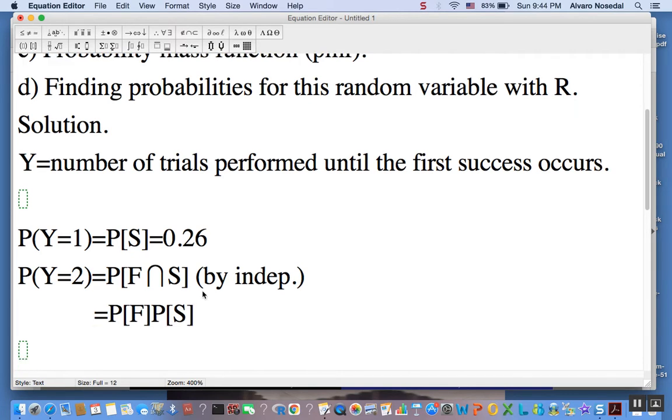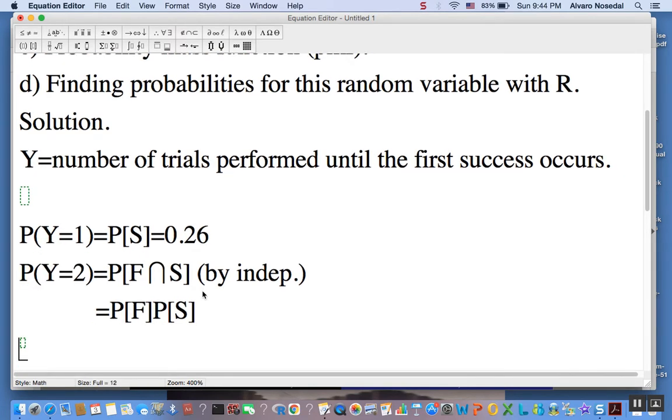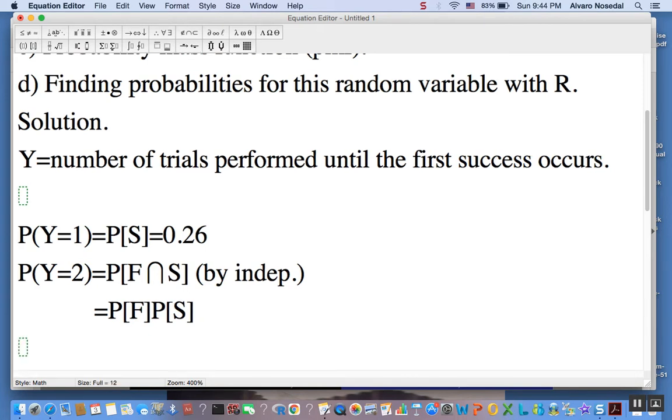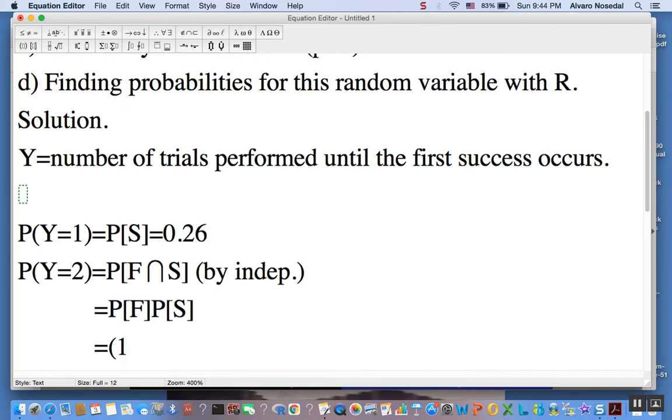And let me write it down like this. We know that the probability of success is 0.26, therefore the probability of failure is 1 minus 0.26.